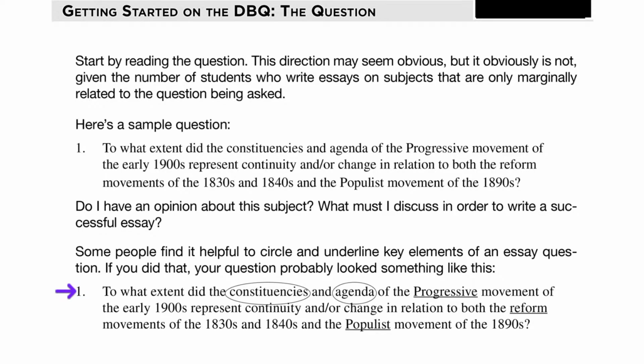So that gives you a lot of freedom, right? That means if you think it's not true at all, you can write an essay saying that. If you think it was always true and these groups were 100% similar to each other, you can say that. But more than likely, you'll be choosing a more middle of the road approach, which is maybe to some extent they did represent continuity or change, but maybe not in an absolute sense.